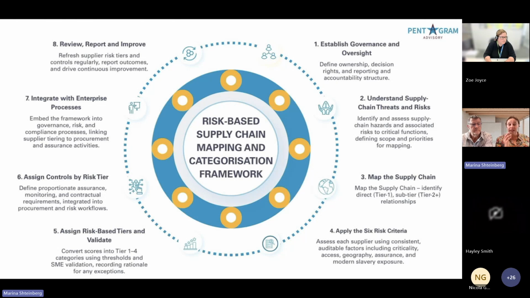With integration with enterprise processes, that's about embedding this process, not to have it siloed, embedding within enterprise business management systems and your risk management program.